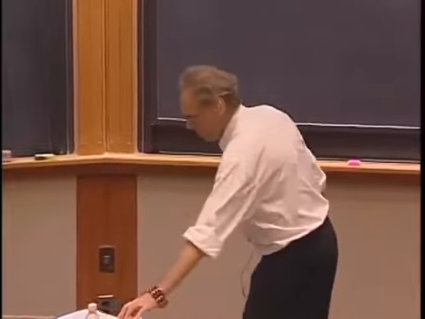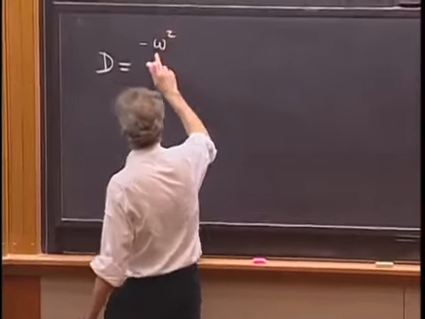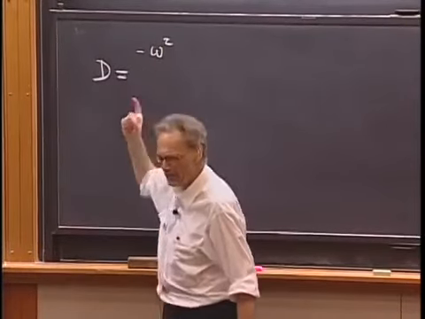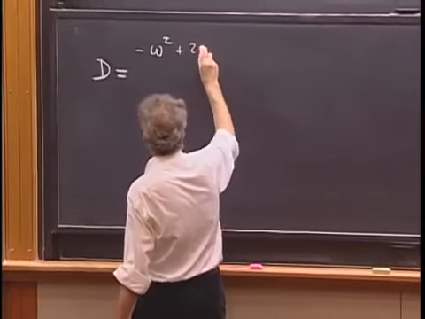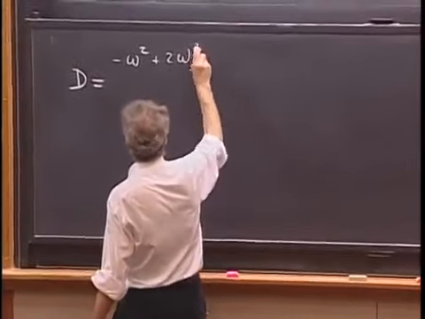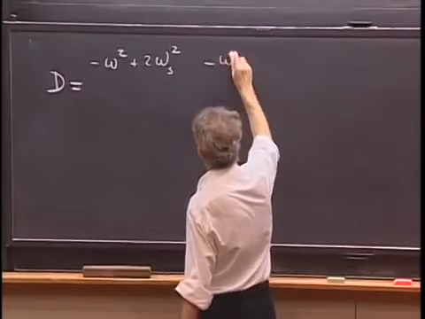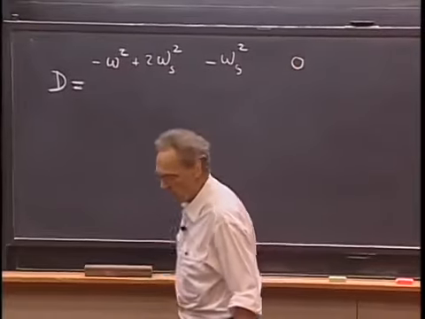Then my D becomes minus omega squared. That's always the result of that second derivative, remember? You always get that minus omega squared out. And you get plus 2 omega s squared. Then you get in the second column minus omega s squared. And in the third column you get a 0.